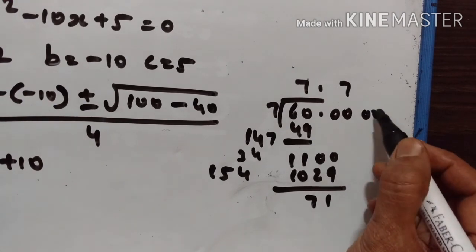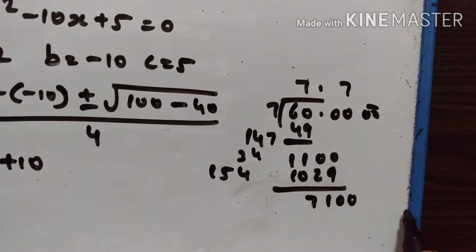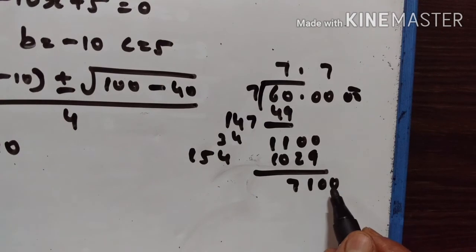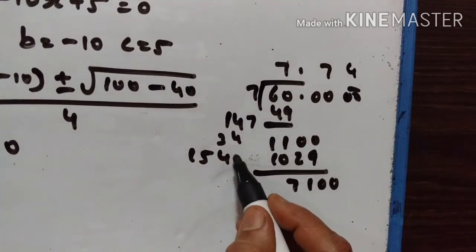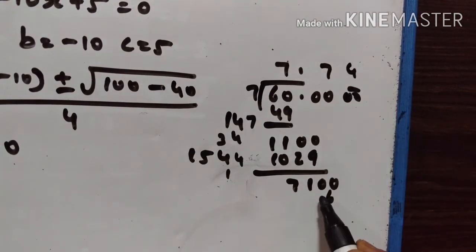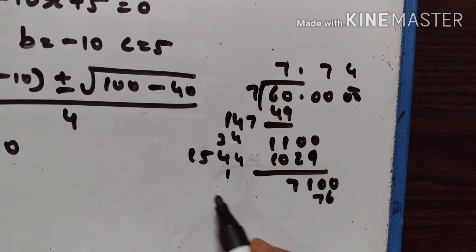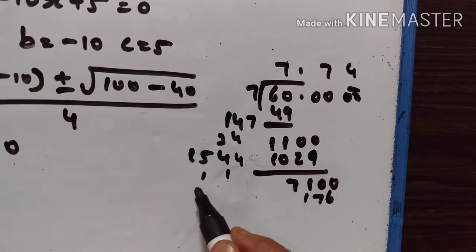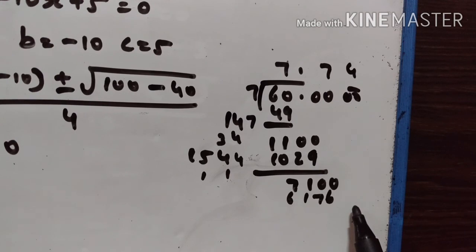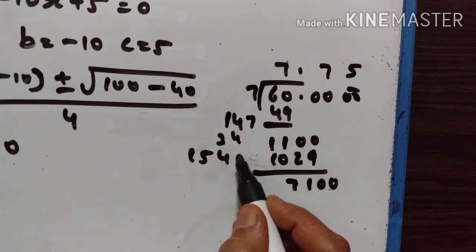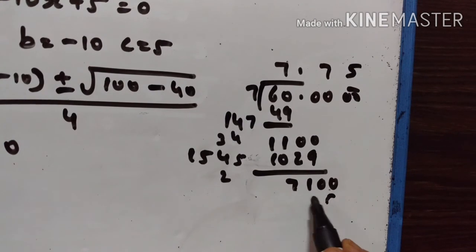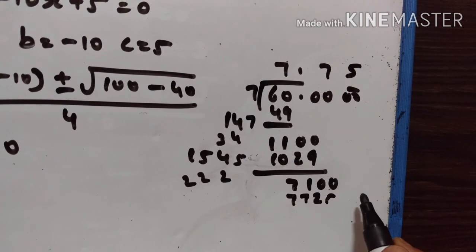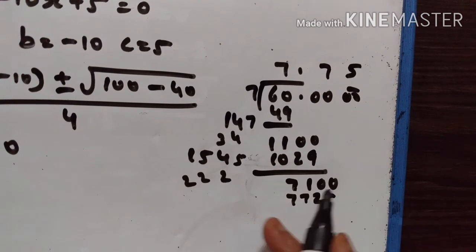Let us take another pair. Let us try 4. Let us try 5 now. 5 5s are 25. This is more, so let us take 4.